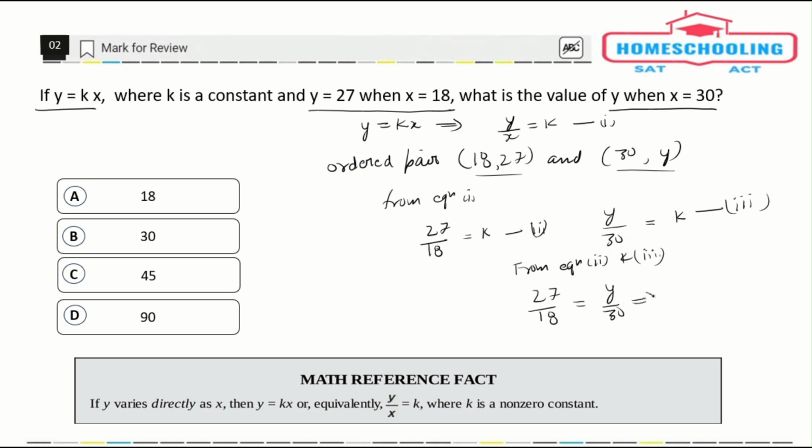So when we cross multiply it, this one would be 27 into 30 divided by 18. So 9, 3 times, 6 times, 6, 9 3s are 27, 3 6s are 18, 6 into 5. So 9 into 5 would be 45. So the value of y would be 45. Option C will be your correct answer.